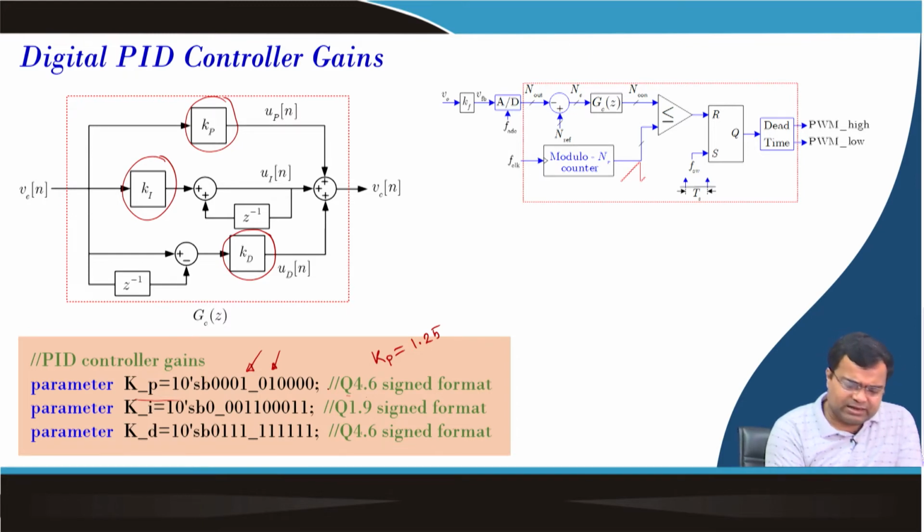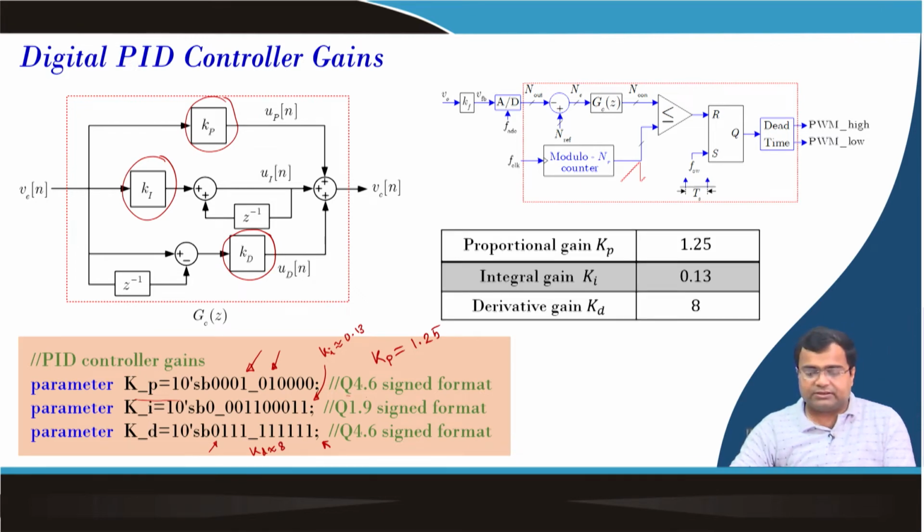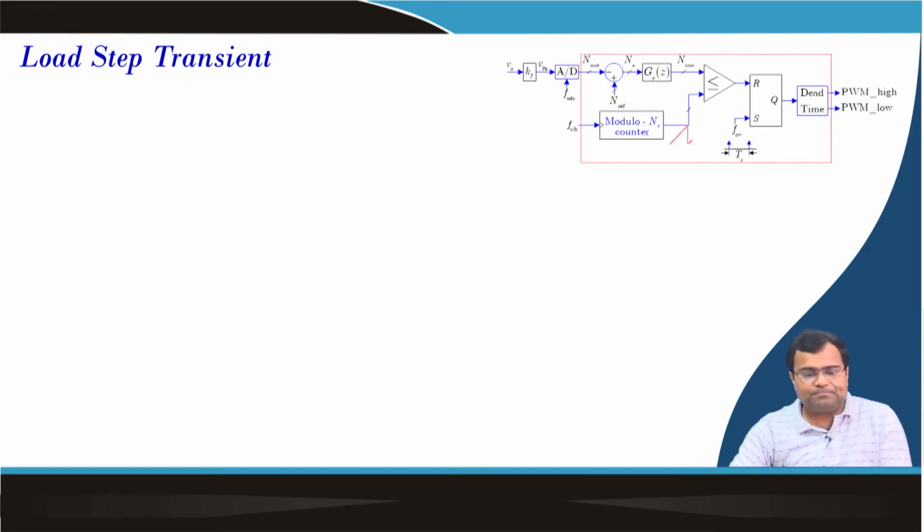The integral gain is Q 1.9, and we get roughly 0.13. The sign bit in all cases is 0 because all gains are positive, and Kd is approximately equal to 8. These are the proportional, integral and derivative gains of the digital controller in the discrete domain.